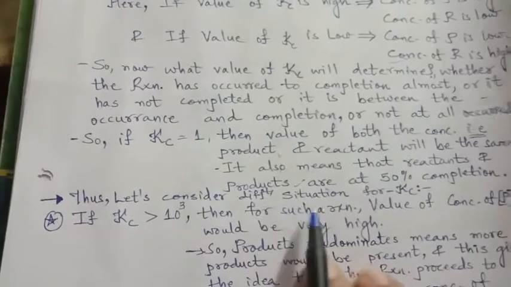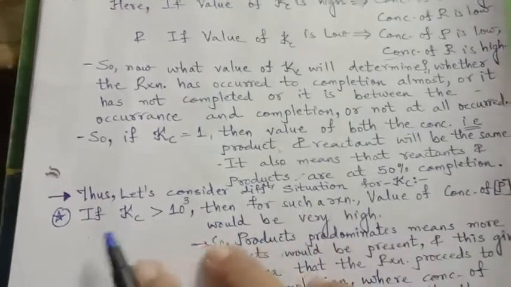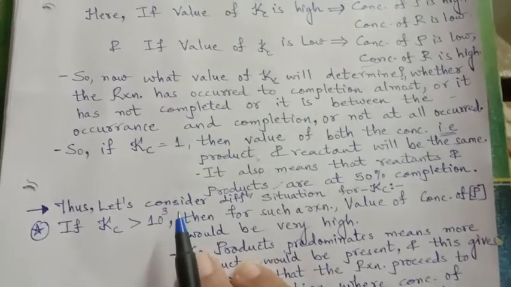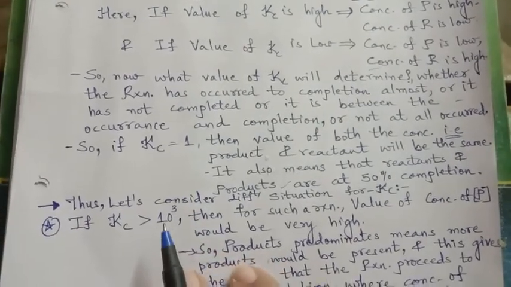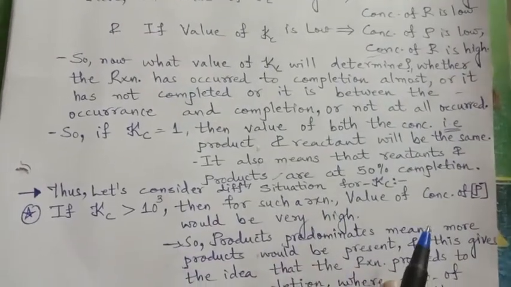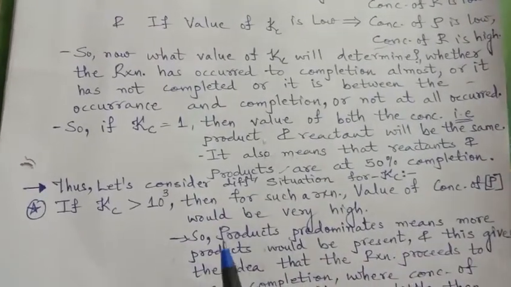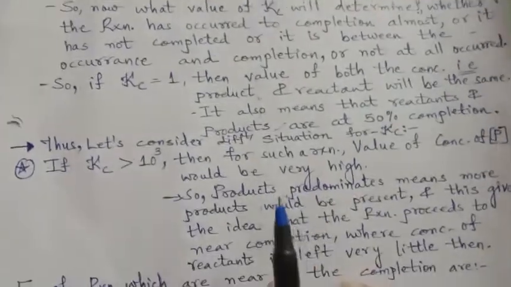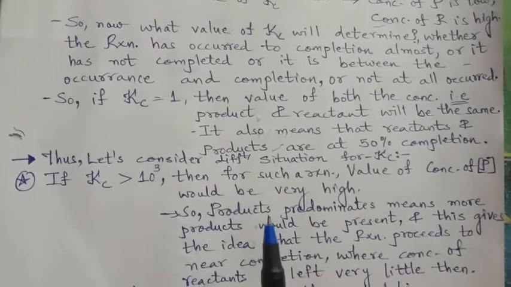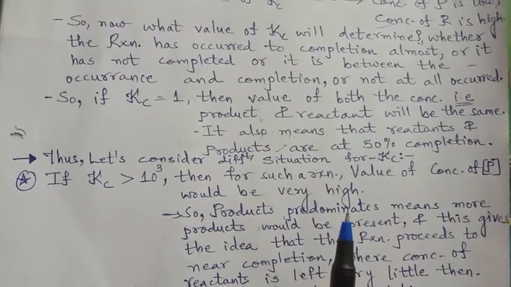Let's consider a different situation for Kc. The first situation: if Kc is greater than 10 raised to the power 3, that means if Kc is greater than 1000, then for such a reaction, the concentration of product will be very high. So product predominates in the reaction.